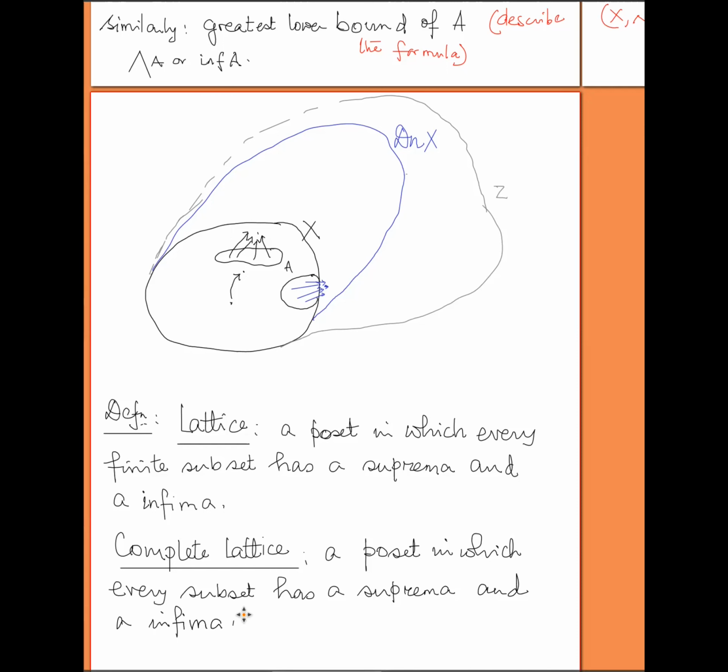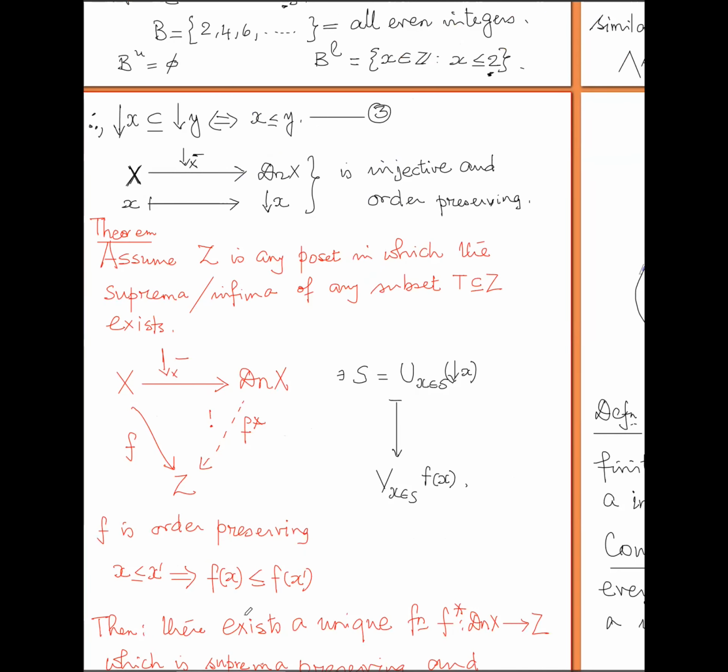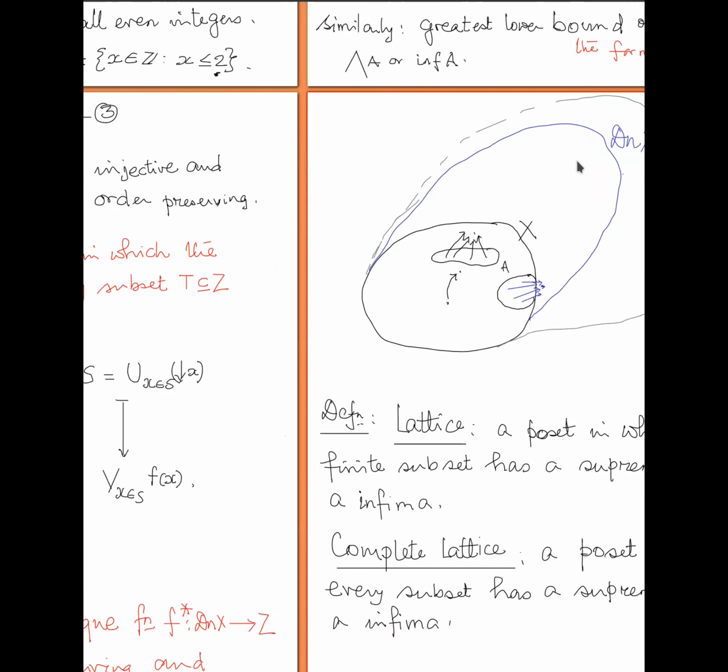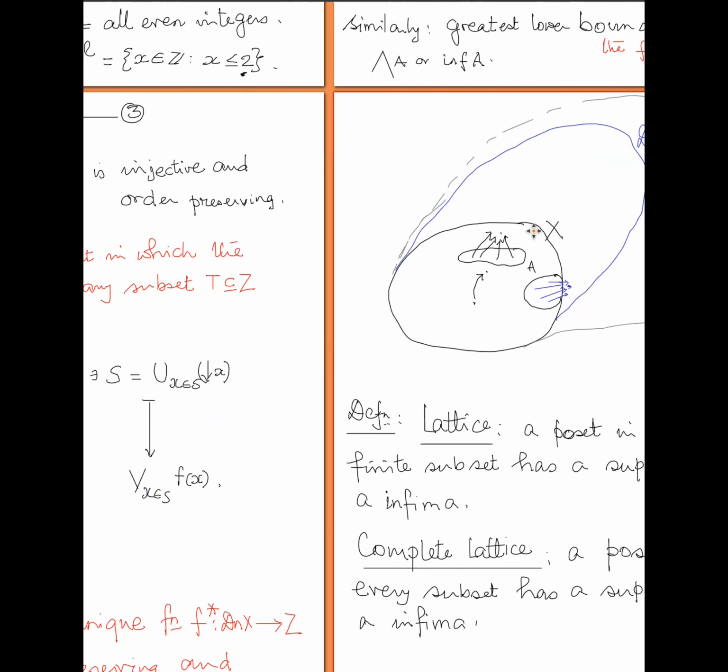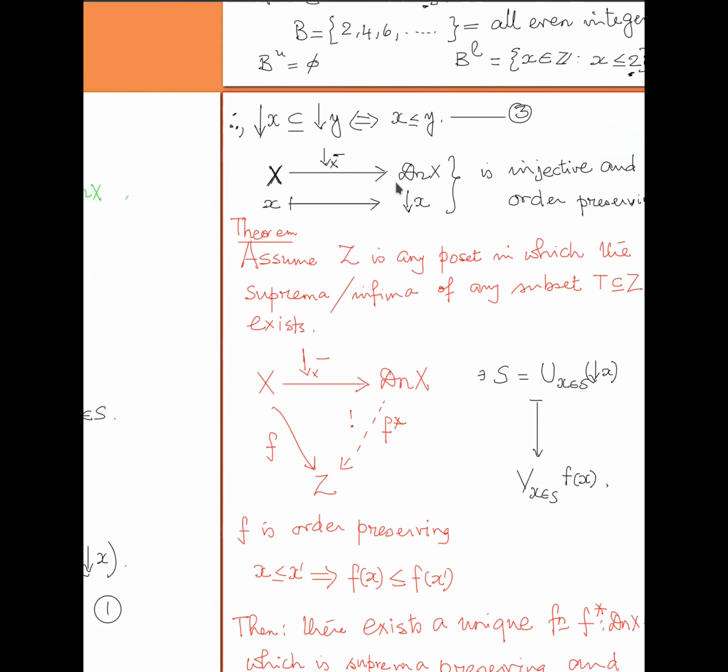So what we said was, this can be shortened to saying that for any poset X, down X is a complete lattice in which X is embedded.